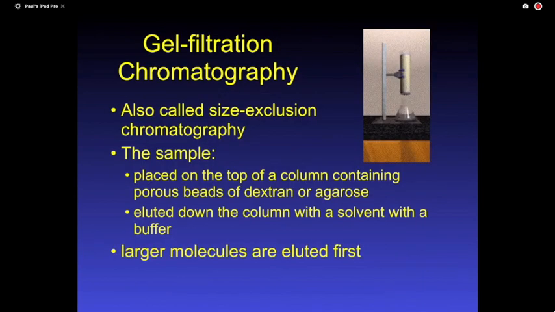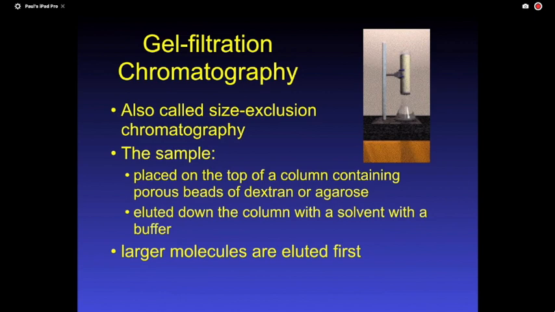The first kind of separation is called gel filtration chromatography, or size exclusion. All right, size exclusion tells you what we're going to do. We're going to separate by size. We're going to separate by size in a couple of techniques.